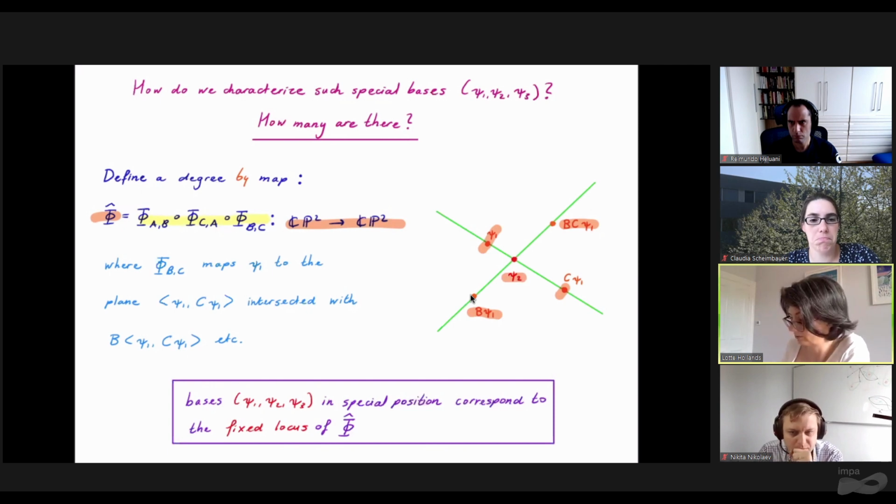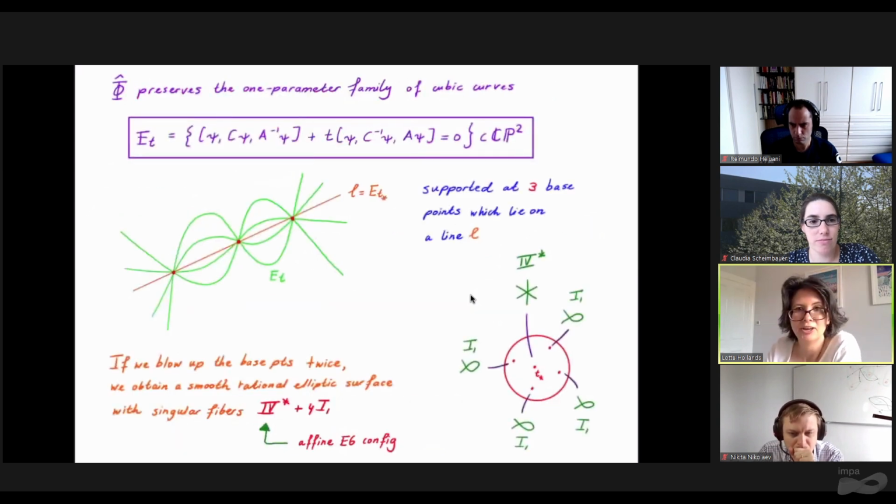Right, so this reformulates it again a little bit, but still we don't know that much more. What turns out to help us a lot is that this map from CP2 to CP2 really preserves a one parameter family of cubic curves, and these cubic curves are parameterized by a parameter t, and they're defined in terms of the Wronskians of these basis elements psi.